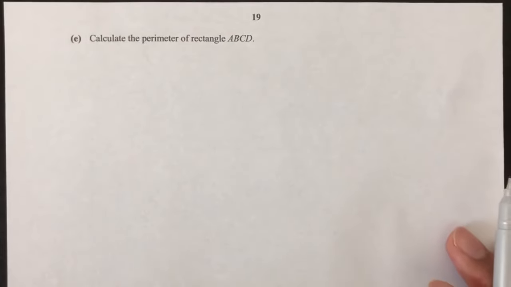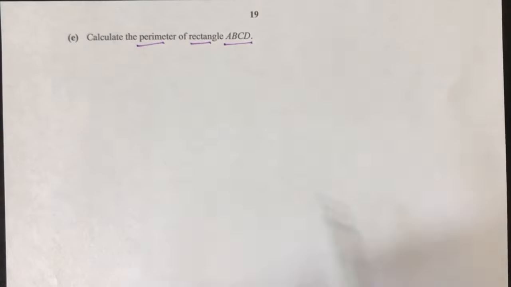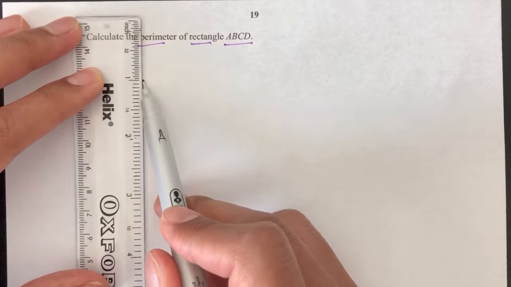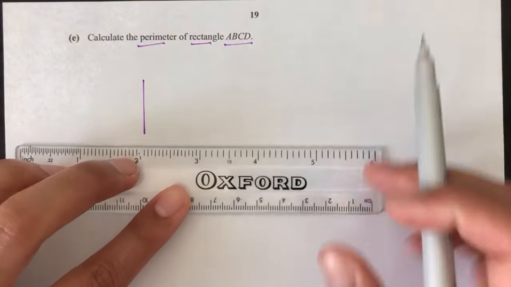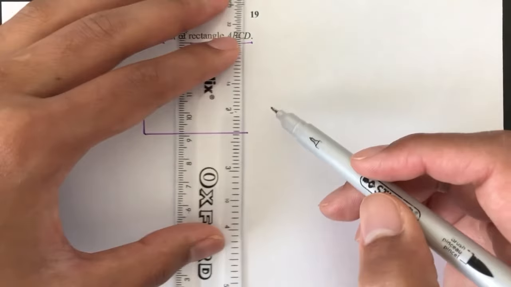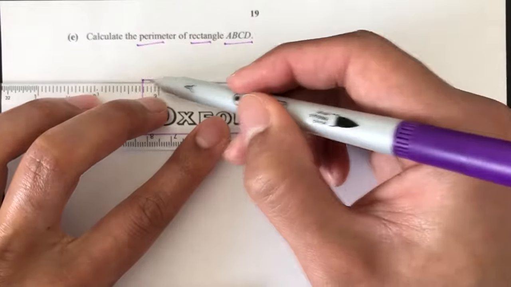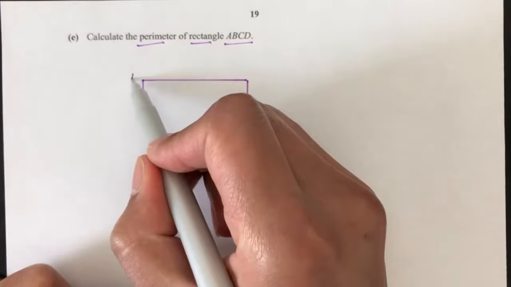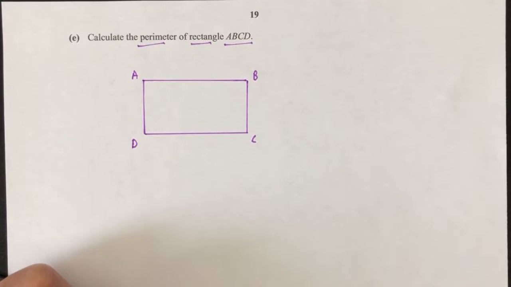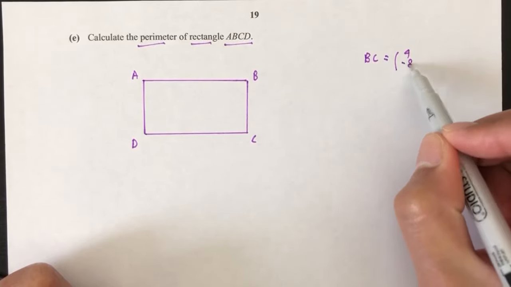Now moving on to part E. Calculate the perimeter of rectangle ABCD. So let's draw the same drawing again. Let's say this is our rectangle. This is A, B, C, D. So we know BC is given to us as (4, -8).